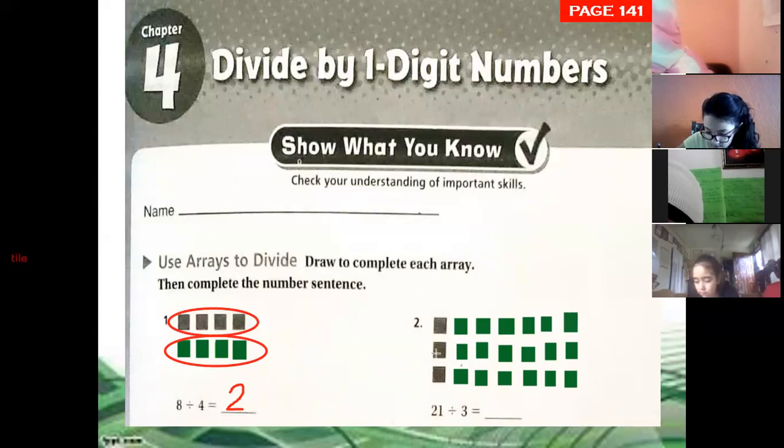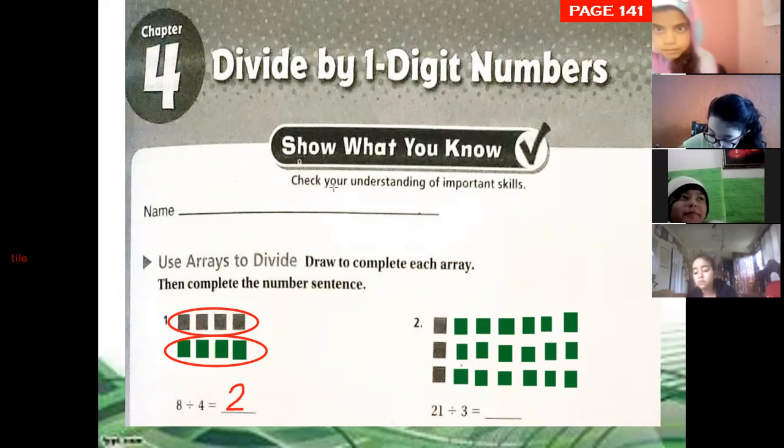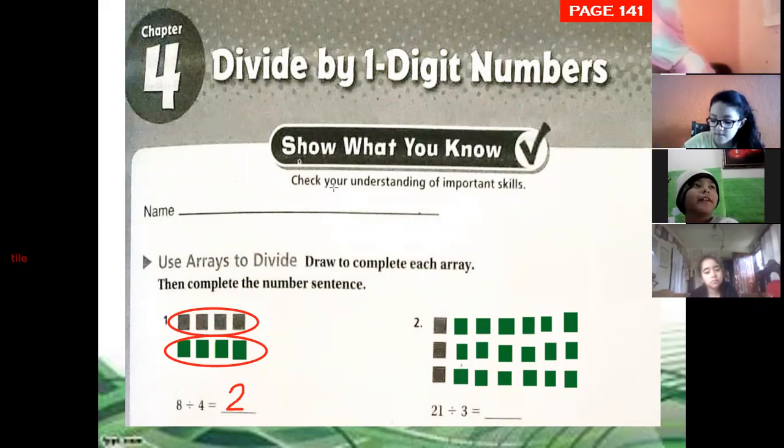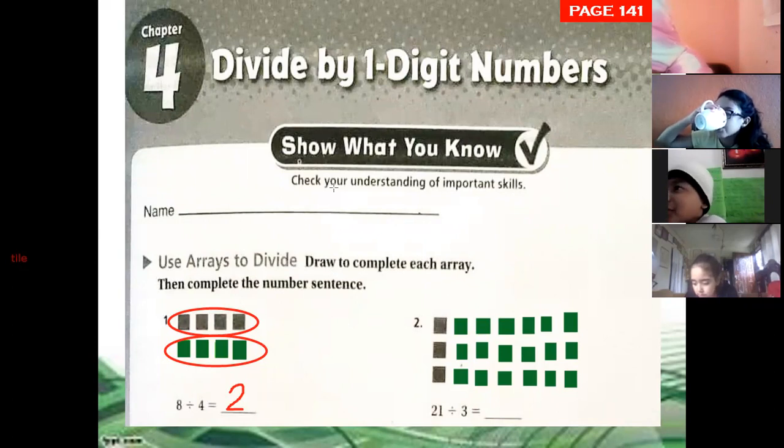You have to count because you need 21, okay? Finish.